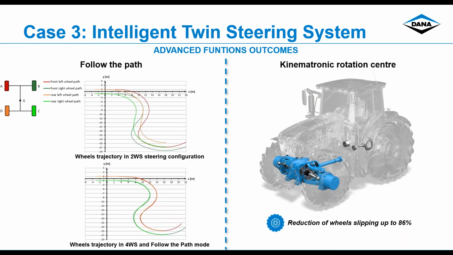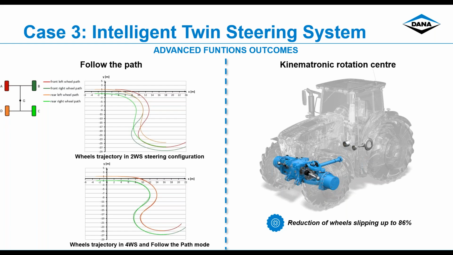As I said before, the first one is called follow the path, and simply it allows the rear wheels to follow the path covered on the ground by the front wheels, reducing the field covered by the whole vehicle.